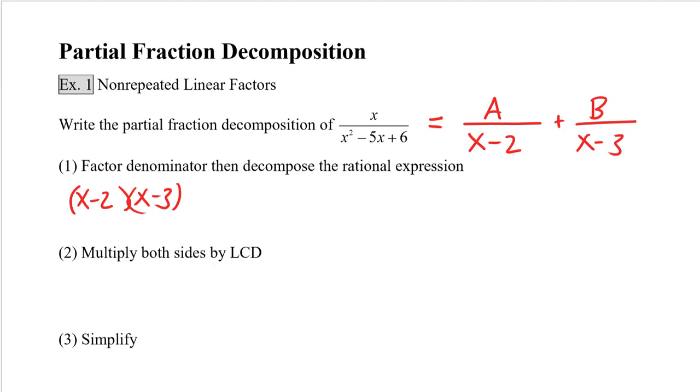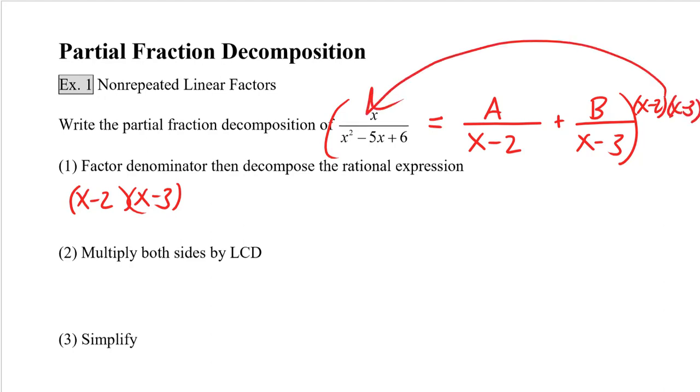So the next thing, after we have set up the decomposed fractions, we need to simplify this equation by multiplying both sides by the LCD. Well, the LCD is x minus 2 times x minus 3. When we distribute this over here, we cancel, so we're left with x.